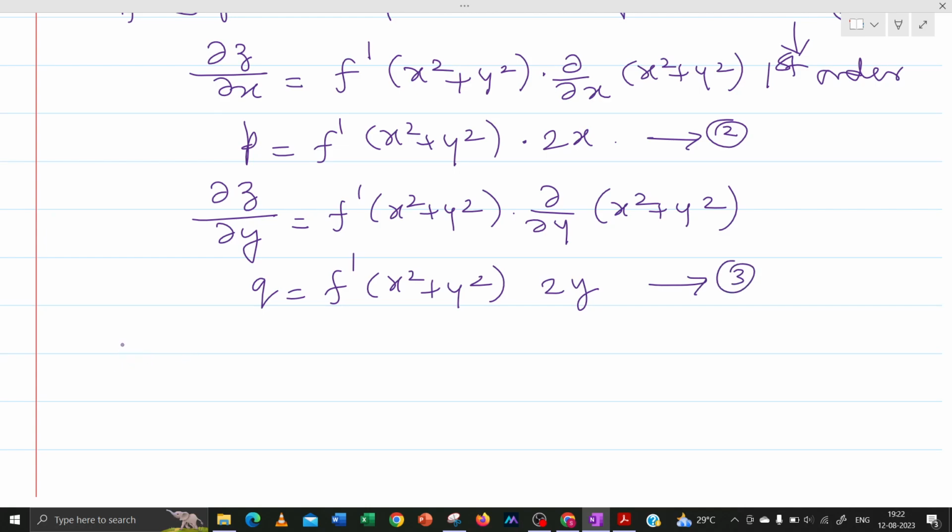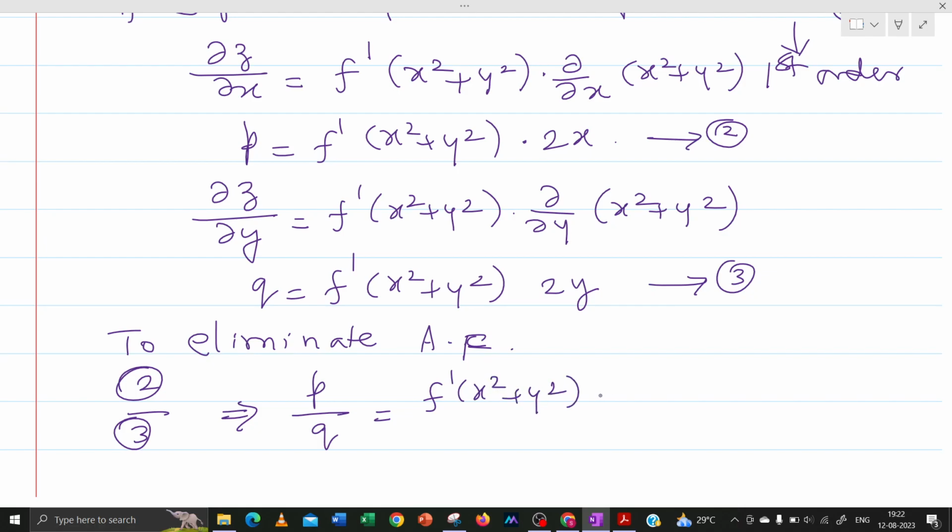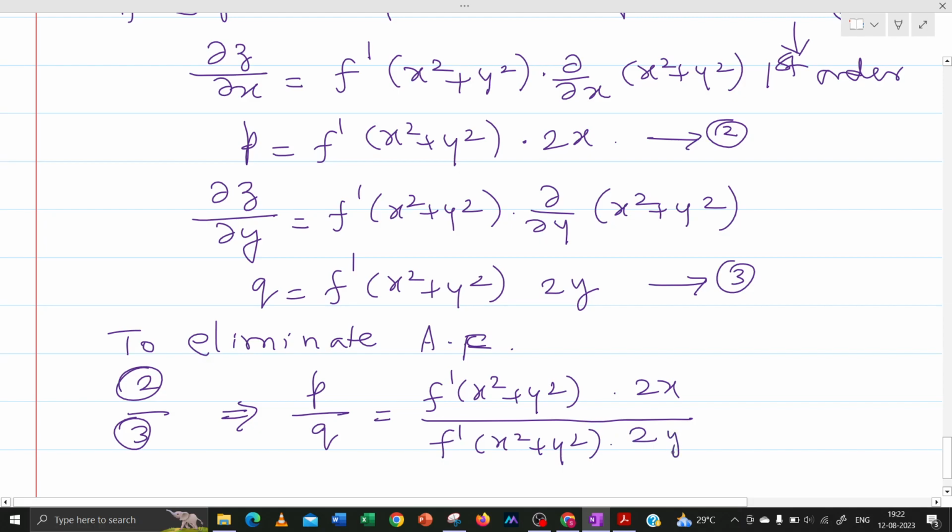To eliminate the arbitrary function, we have to divide 2 by 3, then easily we can eliminate that arbitrary function. 2 by 3 implies p by q equals f dash of x square plus y square into 2x divided by f dash of x square plus y square into 2y.